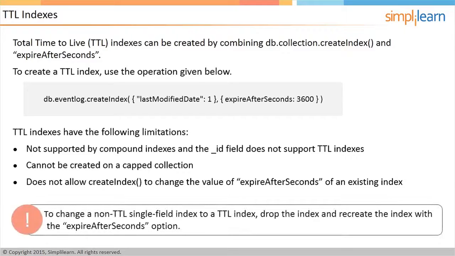You cannot create a TTL index for a field if a non-TTL index already exists for the same field. If you want to change a non-TTL single field index to a TTL index, first drop the index and recreate the index with the expireAfterSeconds option. In the next screen, we will be discussing creating unique indexes.